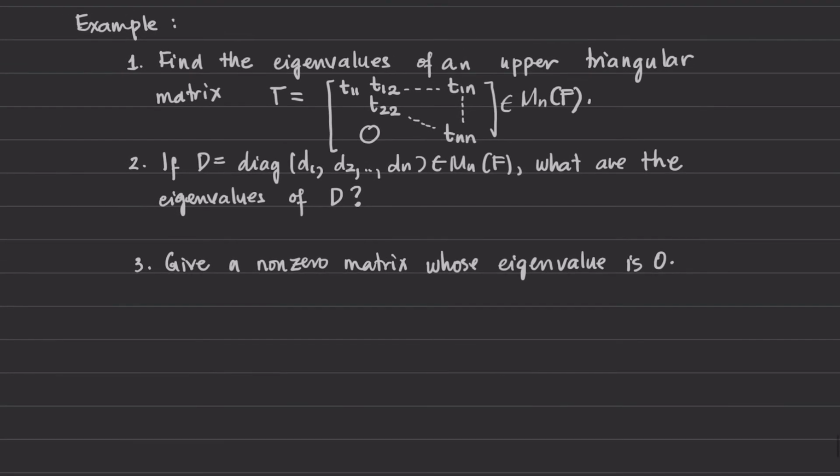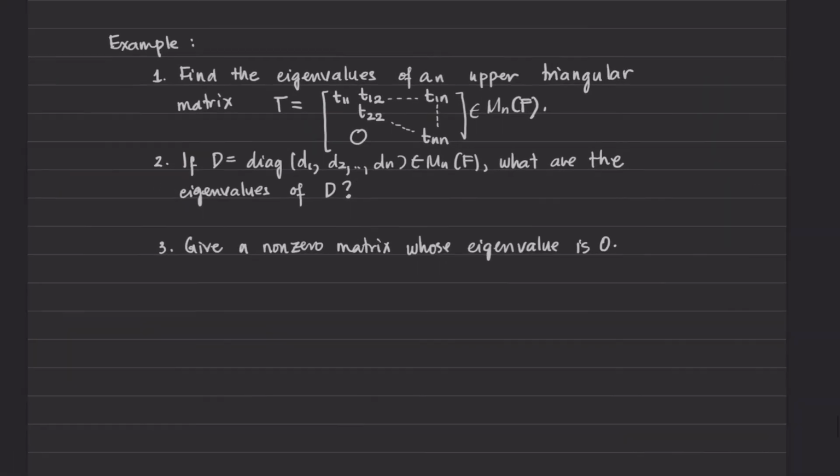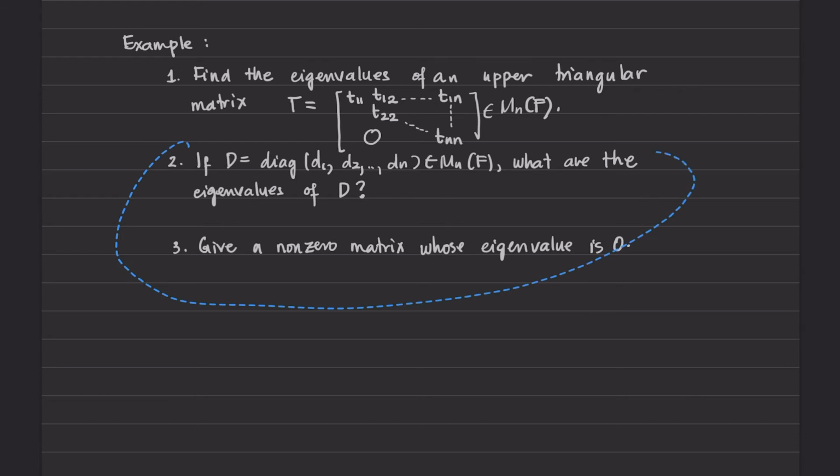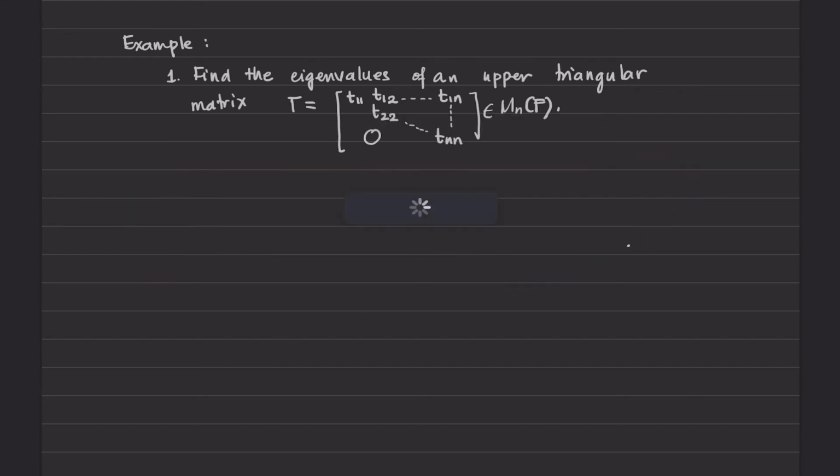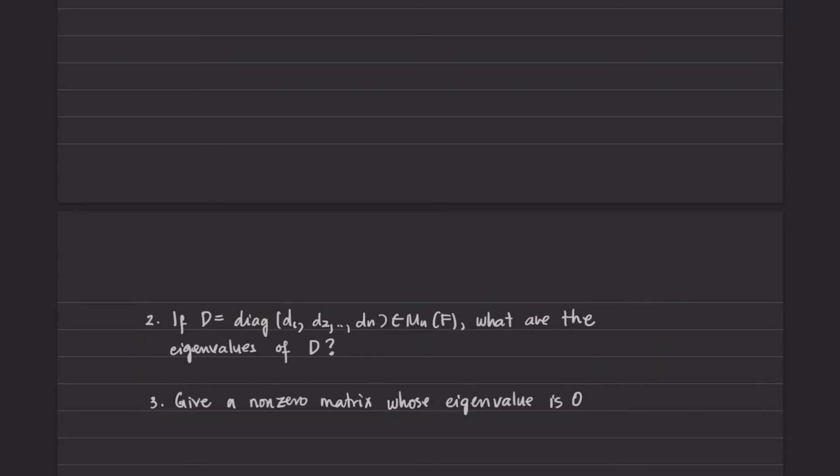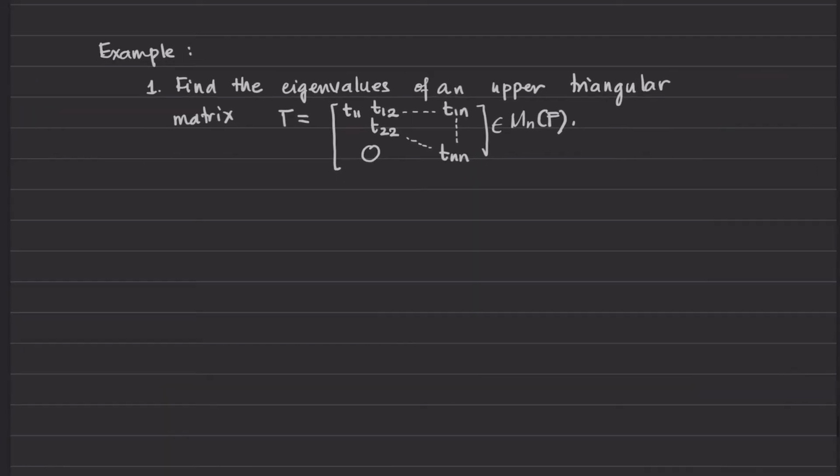So, eto, nagpapahanap ng eigenvalues of an upper triangular matrix. Yung ibang example, mamaya na natin aturgahin. So, lipat lang natin siya ng page ha, para meron tayong space for our example. Okay.